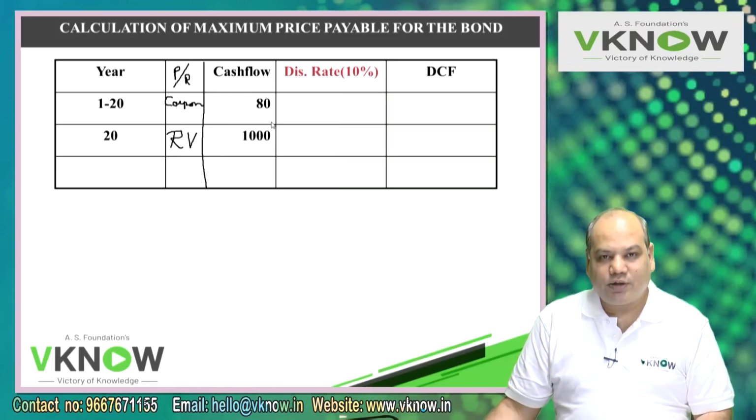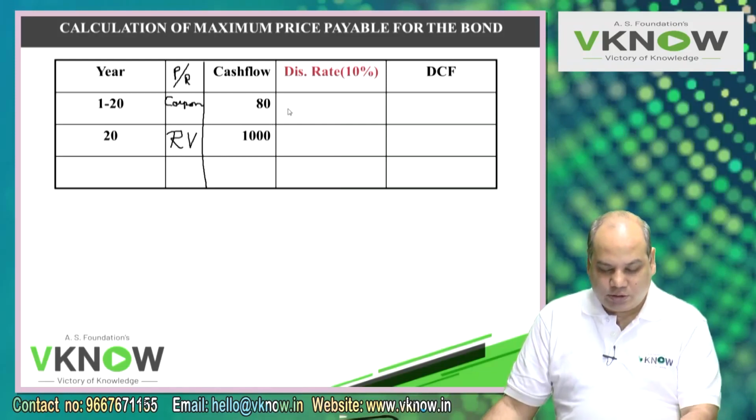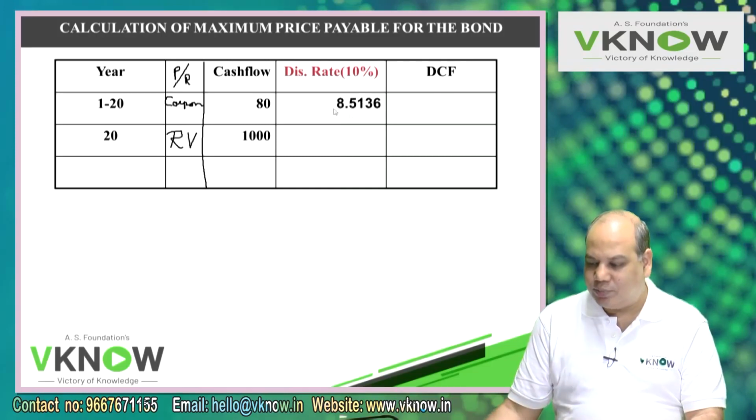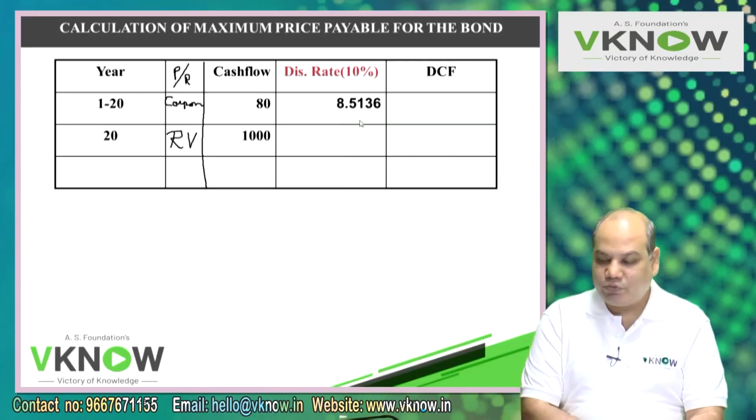Take your calculator. Find out the discounting factor for 1-20. How do you get it? 1 divided by 1.10. Press equal to 20 times. Press GT function. You will get 8.5136.